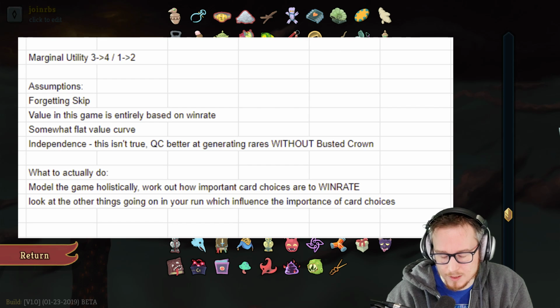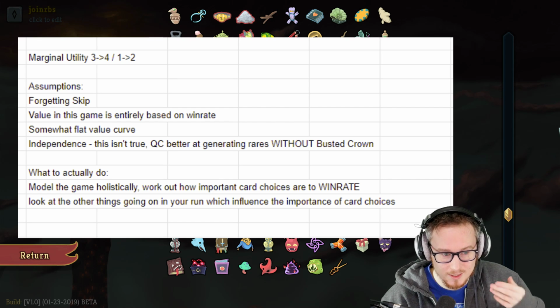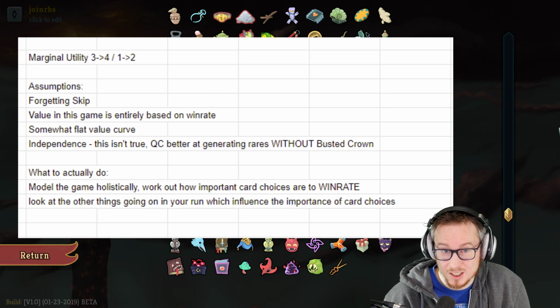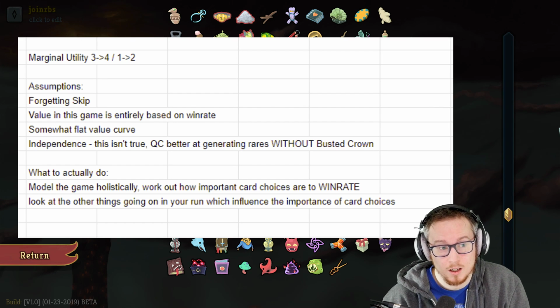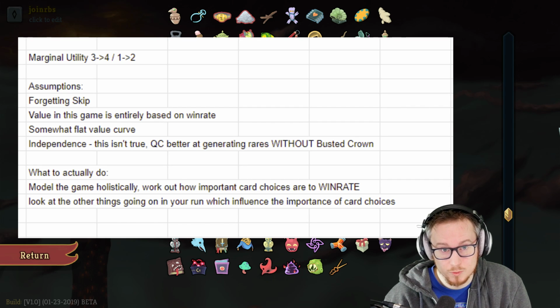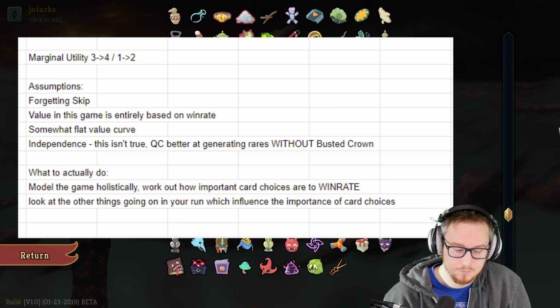But the really big assumption break that is completely busting the analogy, the extension of basic statistics to this system, is that rare card generation isn't an independent thing. Rare card generation in this game starts at minus 2% chance to generate a rare card, and every time you see a common card, the chance of seeing a rare goes up by 1%.